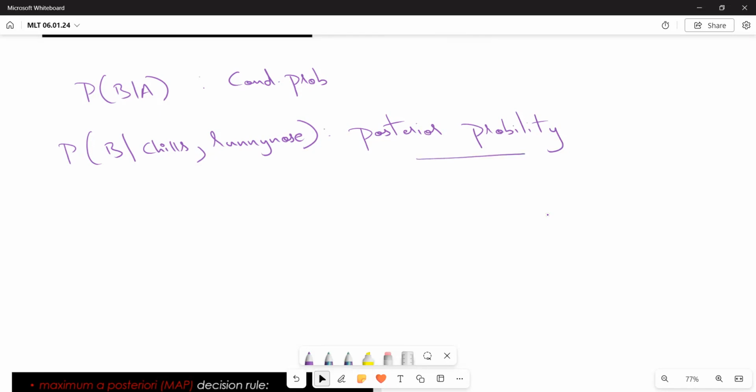There is something called the decision rule. They also call it the Bayes decision rule. So what is this Bayes decision rule?